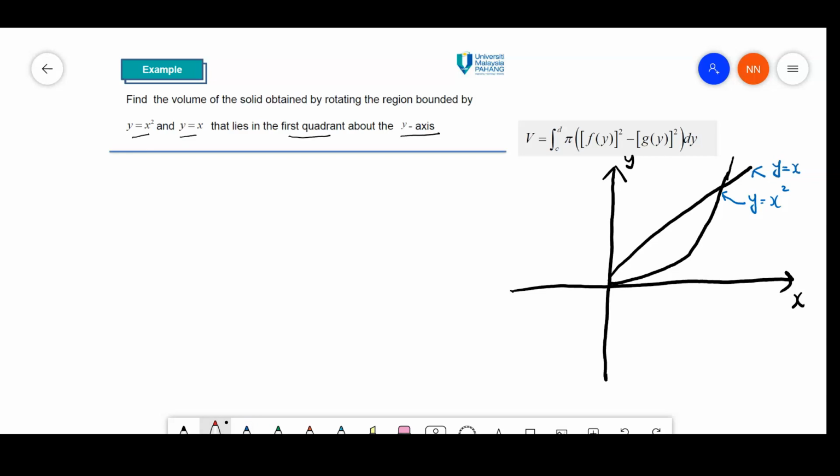So here is our region, bounded by these two curves, so we need to calculate the intersection point here.